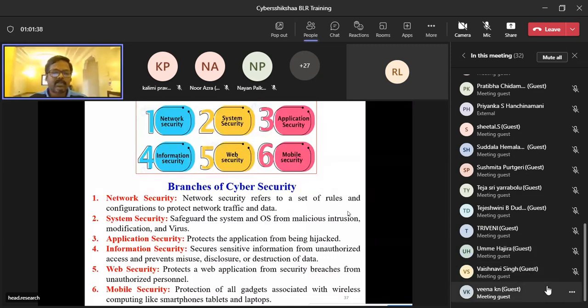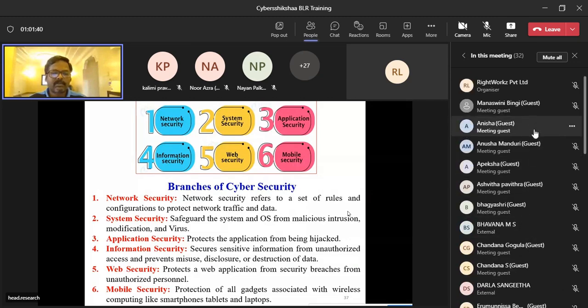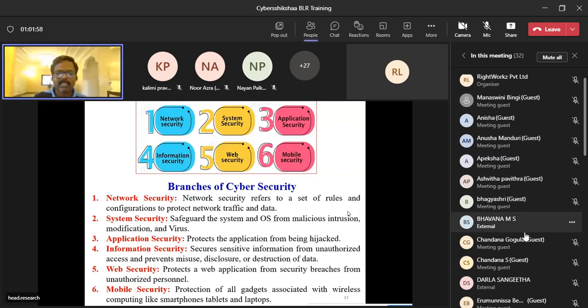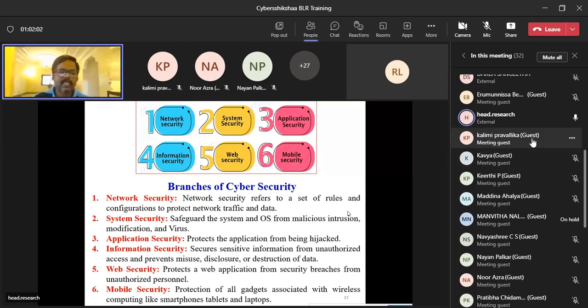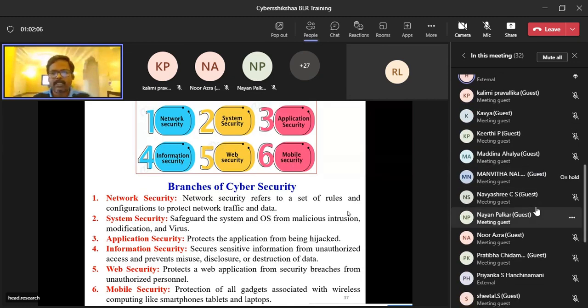Web security protects web applications from security breaches by unauthorized persons. Mobile security: in the mobile we use double authentication like face recognition, signature, PIN number, biometric applications. It is the protection of all gadgets associated with wireless computing, like smartphones, tablets and laptops.